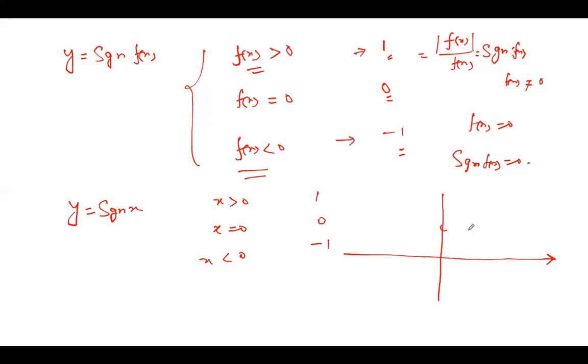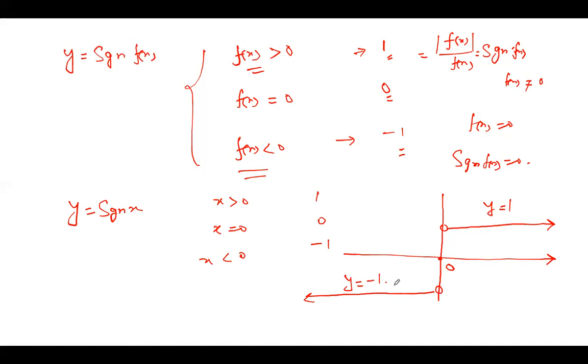For x greater than 0, this is the graph of y = 1. At 0, we get 0. For x less than 0, this is the graph of y = -1. So this is the graph of the Signum function.